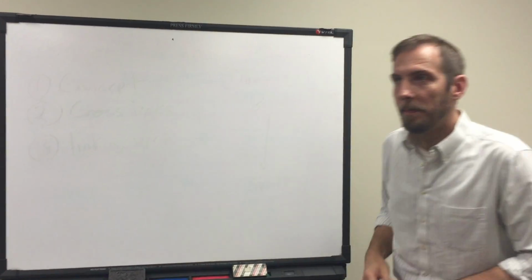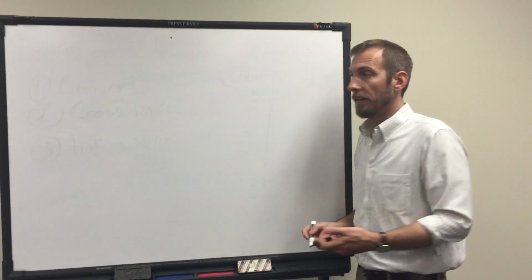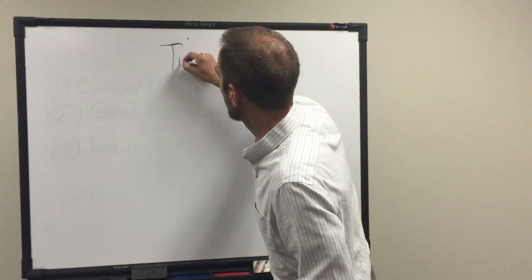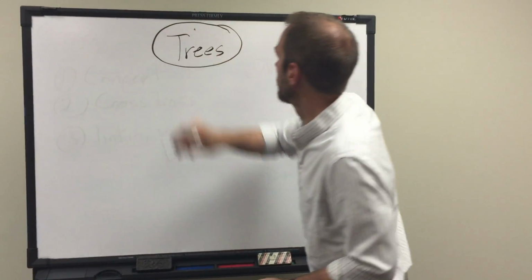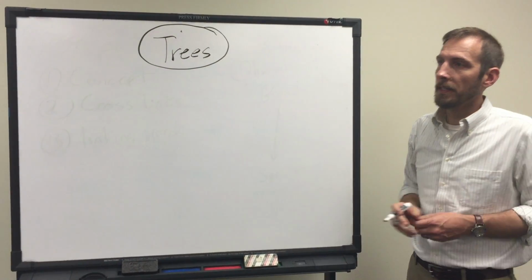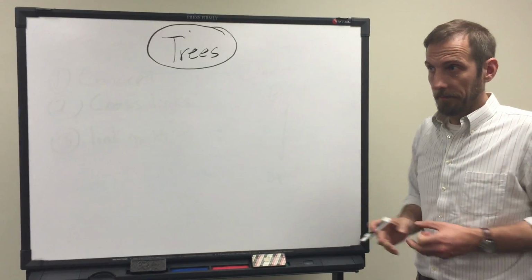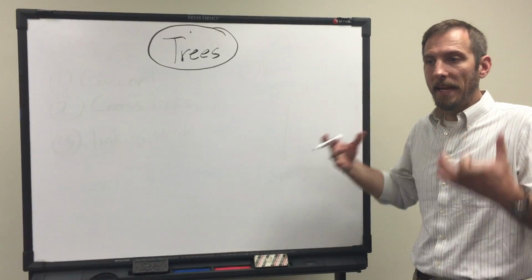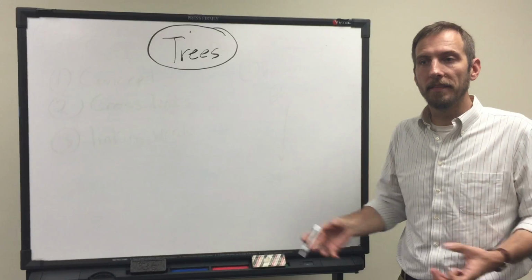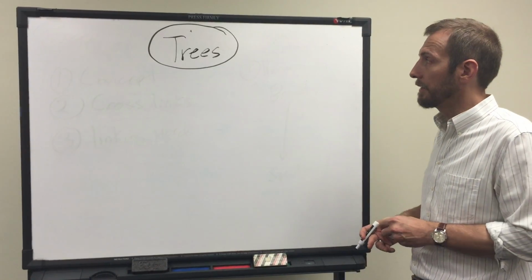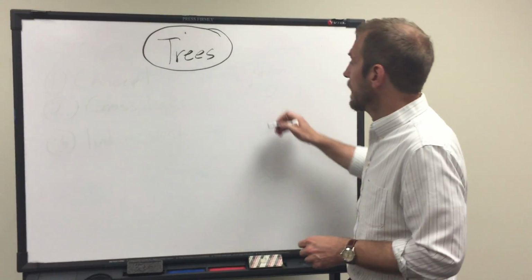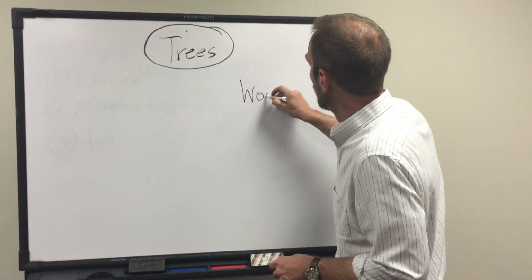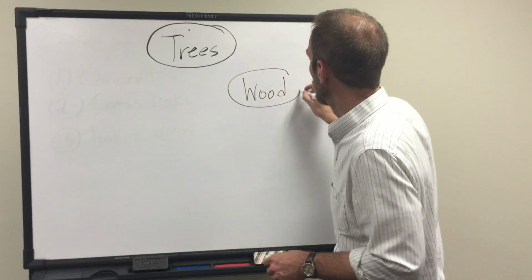We're going to do a really basic concept map of the idea of trees. So we'll start at the top with our main concept, trees. Now we can go anywhere from here. Typically you want to include the major concepts or ideas that are relevant to you, other concepts that you see an immediate relationship to. But I'm going to start off with the concept of wood.